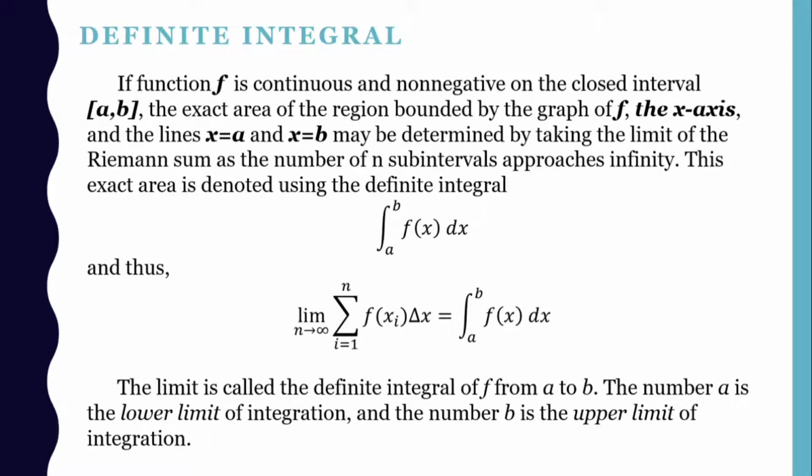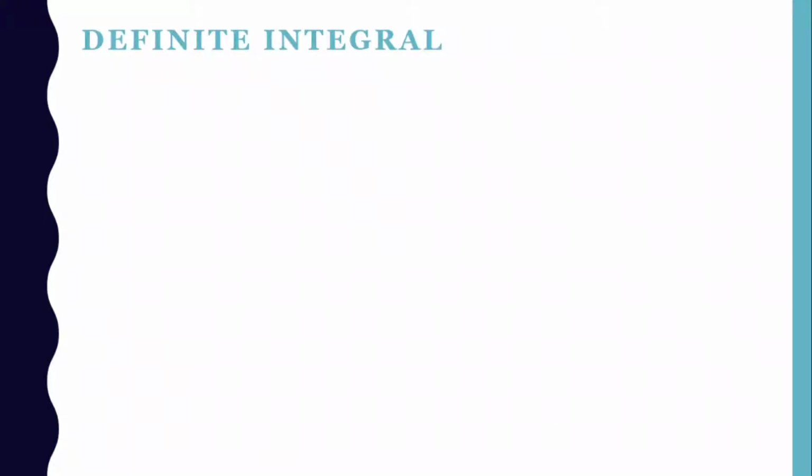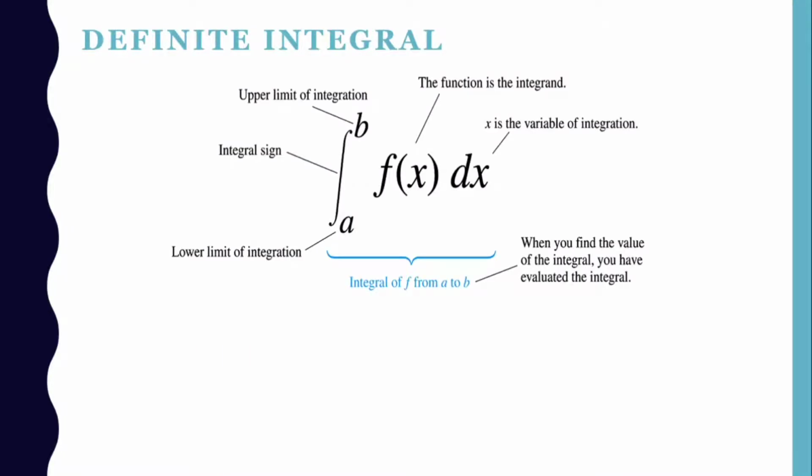So, take note, a definite integral is a number, while the indefinite integral is a family of functions. Another important concept that we need to understand is the parts of the definite integral.